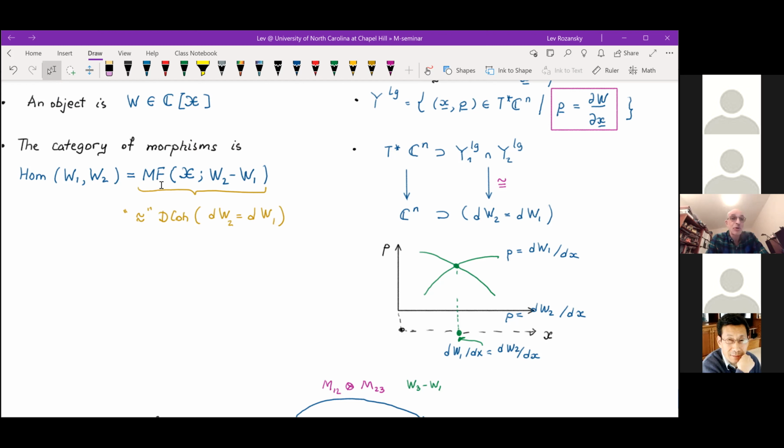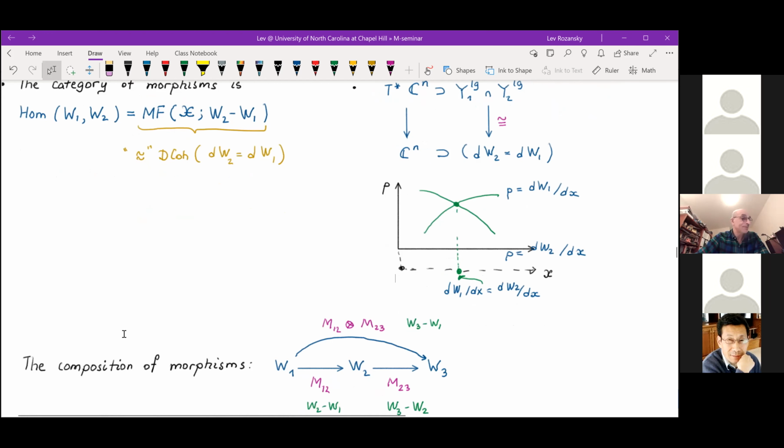So there is no difficulty. So the derived version of the intersection of Lagrangian subvarieties is the category of matrix factorizations. So that's how you derive it. You take matrix factorization of the difference of generating functions or actions. In physics, W's are called superpotentials. So let me call them superpotentials.